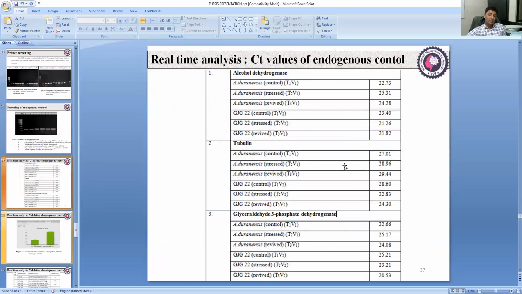The cycle times are needed for the amplification in the initial stage, where the difference is to be found when you use the endogenous control. For the endogenous controls, tubulin, glyceraldehyde 3-phosphate dehydrogenase, and alcohol dehydrogenase are the three which may reflect or regulate while you are imposing the stress.